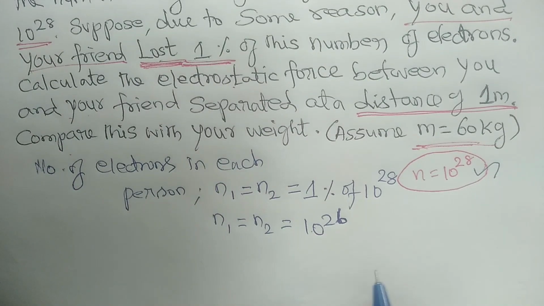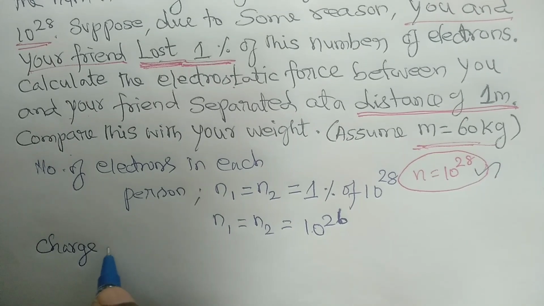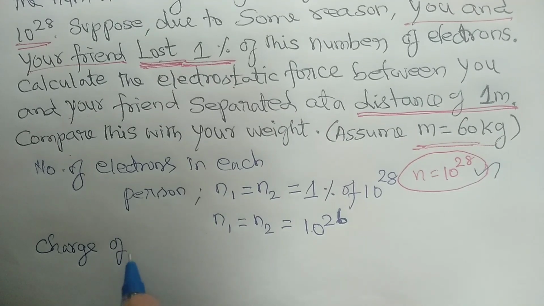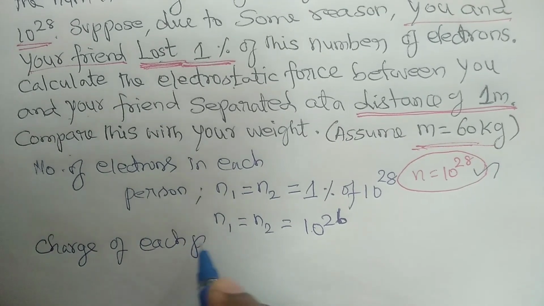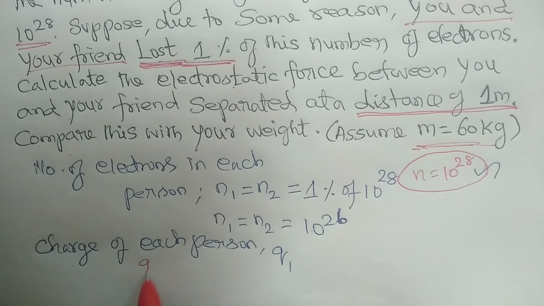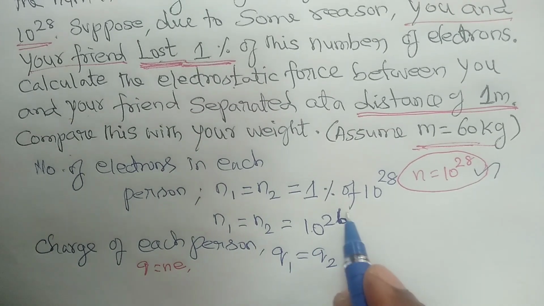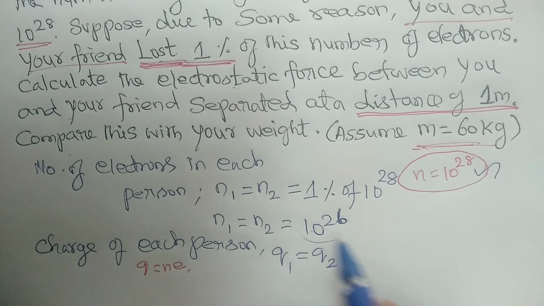Okay, so let us calculate the charge of each person. We know the formula to calculate the charge, according to the quantization principle: Q is equal to Ne. There are 2 persons, both of them have 10 power 26 electrons.